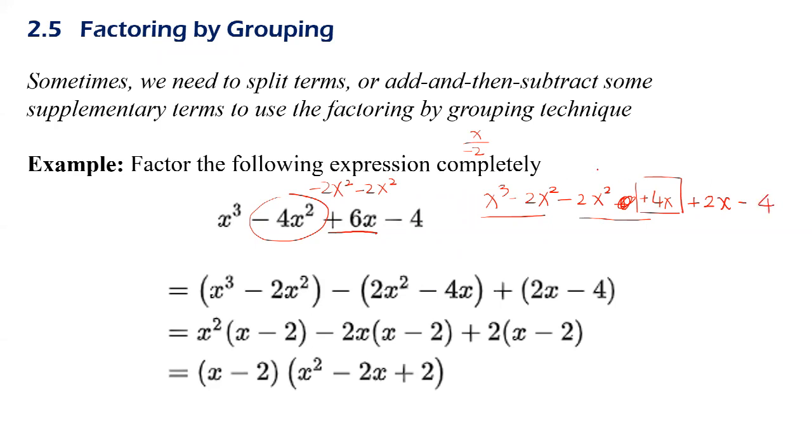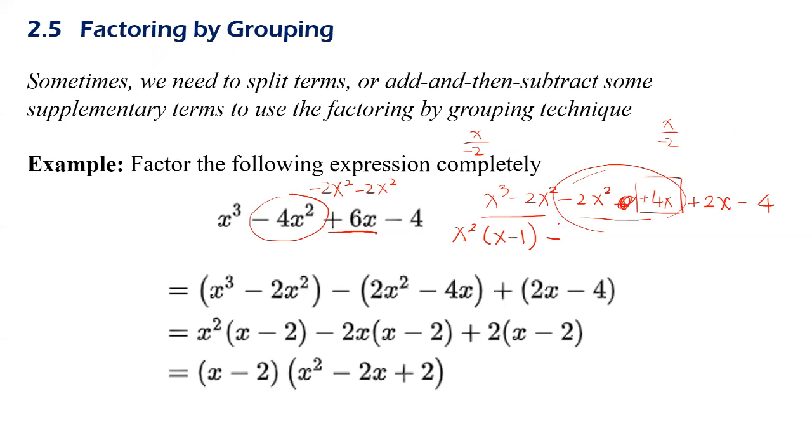And now note that the ratios now are equal, right? Each of the two terms has a ratio of x over 2. So let's factor out the GCF for each of the two terms. First two terms, if you put the greatest common factor x squared in front, you will get x squared times x minus 1, right?